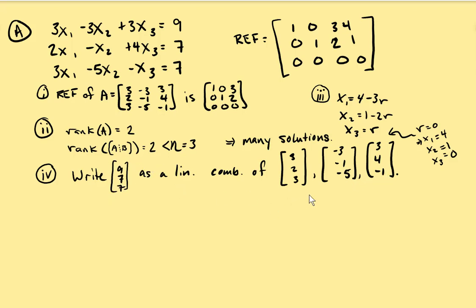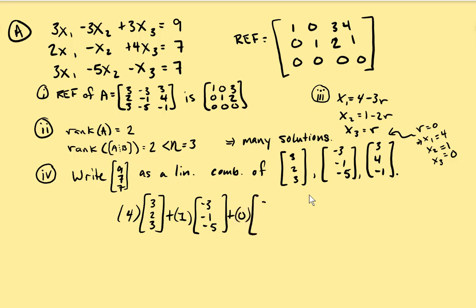So we can write this real easily now. x1 is 4 times the first column plus x2 is 1 times the second column plus 0 times that last column. We don't even really have to write this. That linear combination will equal our right-hand side, our constant column.